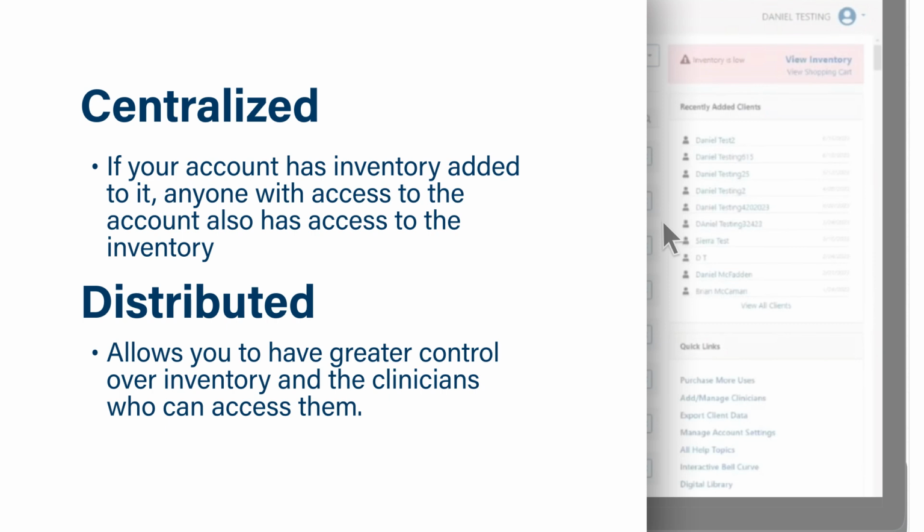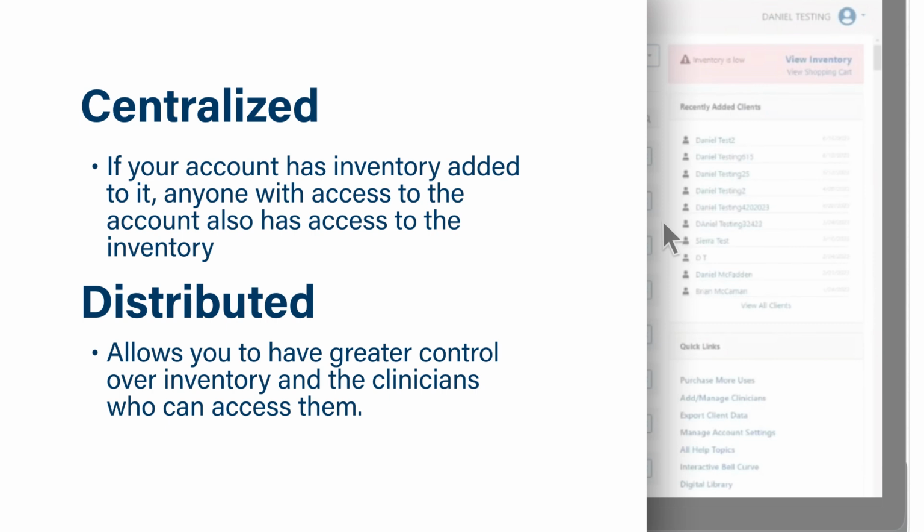The distributed inventory is going to allow you to specifically say, this person gets this many, this person gets that many, and then anything that you haven't distributed just hangs out in your account bucket until you assign it out to folks. I do want to point out that includes you as the account supervisor. So if you purchase inventory and you're using the distributed inventory method, that inventory will just stay in your account bucket until you assign it to yourself or to others.